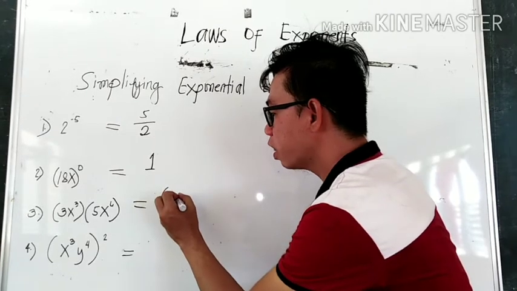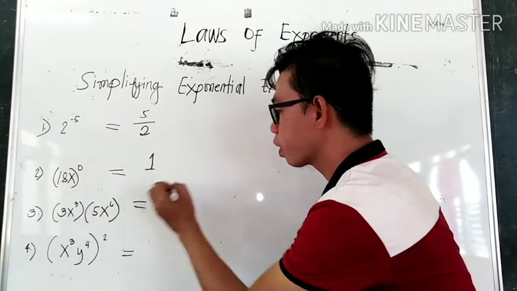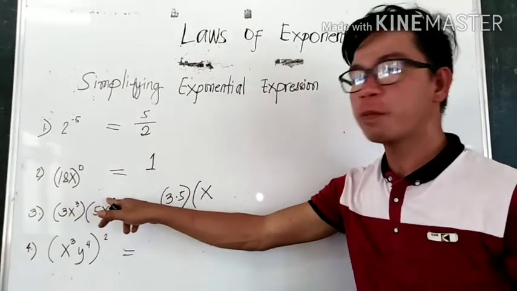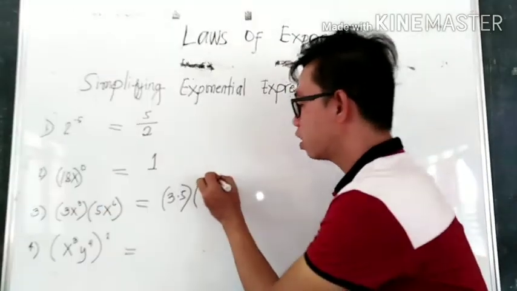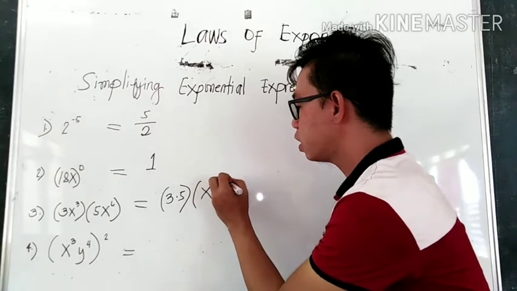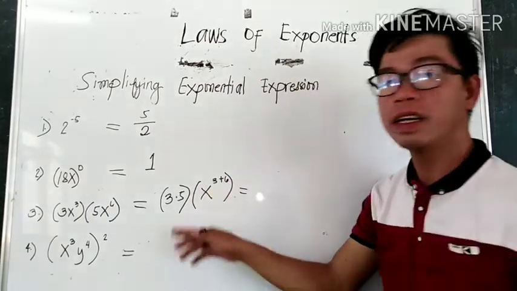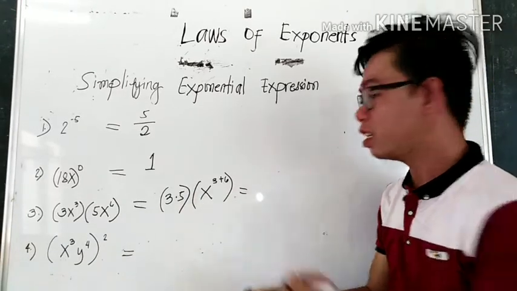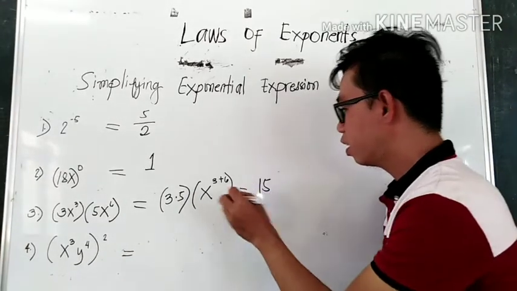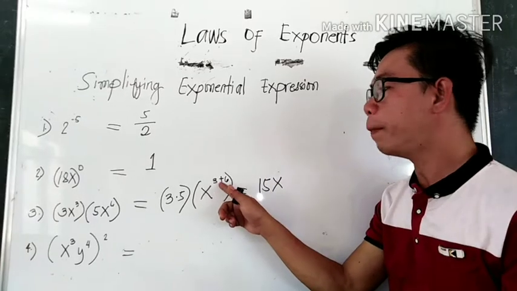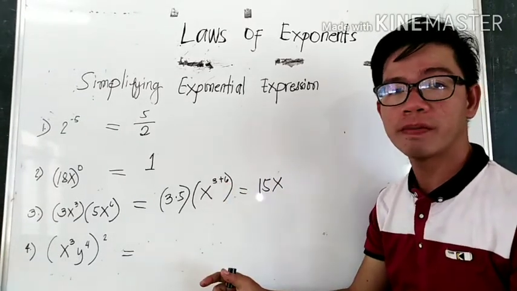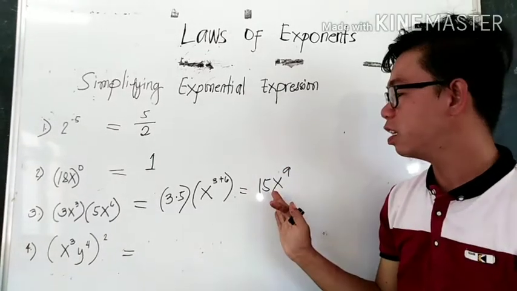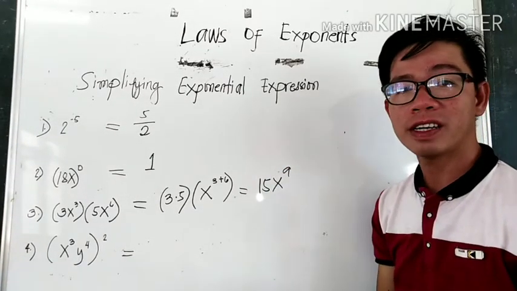Our coefficient is 3 times 5, then we have x. We will add the exponents, 3 plus 6. 3 times 5 is equal to 15. Then x, 3 plus 6 is equal to 9. So our answer is 15x raised to the power of 9.